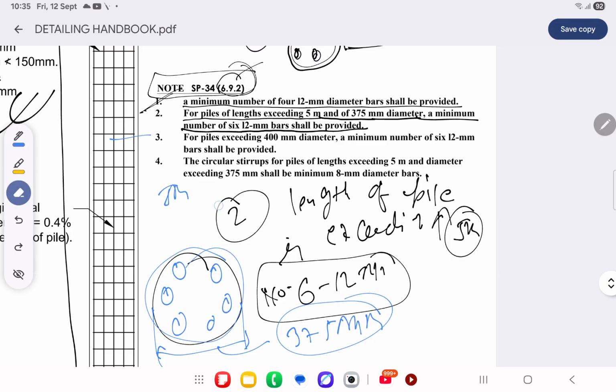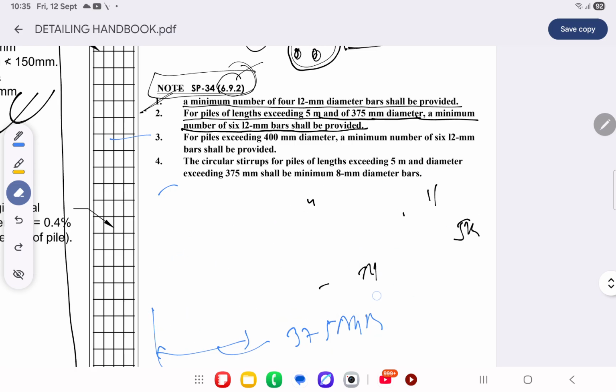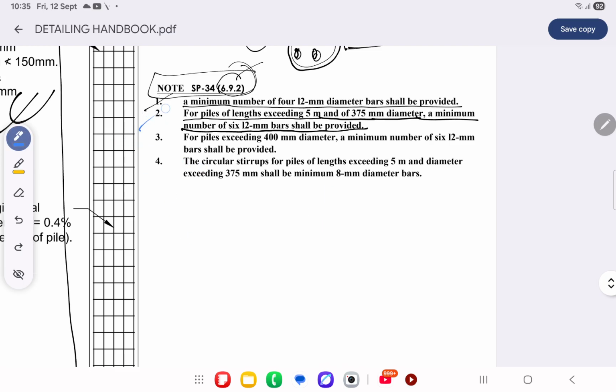Understand? Now we come to the third case. What does the third case say? Let us see. In the third case, it is saying that for piles exceeding 400 mm diameter, a minimum number of 6 12 mm bars shall be provided.